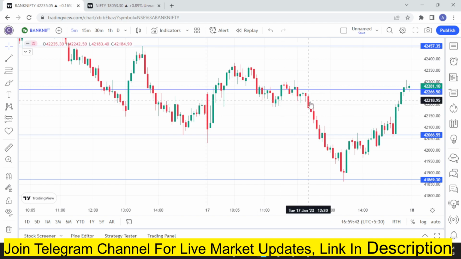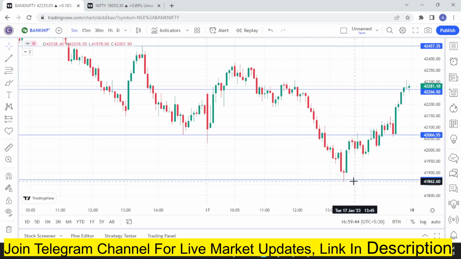After the breakout, there is a good one-sided fall, and here we get very nice spikes in option premiums as well. This is how today I was able to capture more than 100 points easily within 35 minutes in options. And also you can see how I trail my stop loss and how I drag my trades.